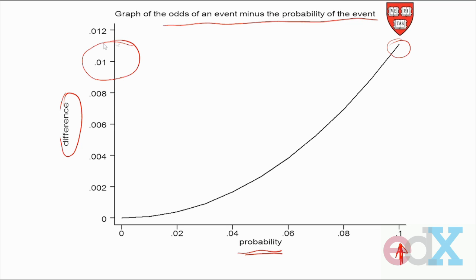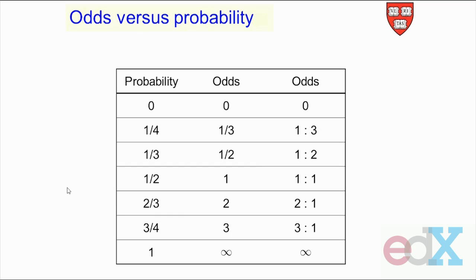Although, you know, it's not that much. It's 0.01 or so. But down here, you can see the difference is tiny. So anyway, there's a graphical representation of that statement. And just to remind you, if the probability is 0, the odds are 0. If the probability is 1, the odds are infinite.